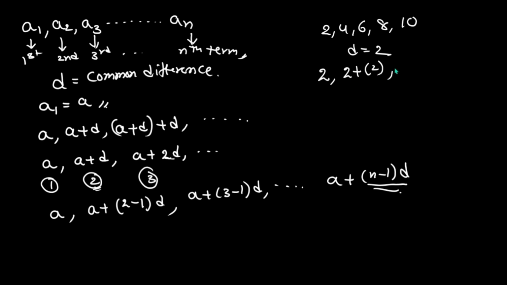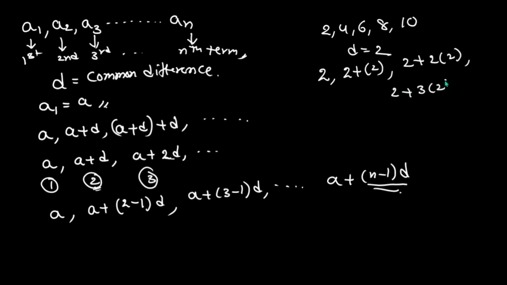But when you are writing the third term, you need to add the two common differences. Why? Because for the previous number you added already one common difference, you need to add one more common difference. So when you are writing the third term, you need to add two common differences. But when you are writing the fourth term, you need to add the three common differences.